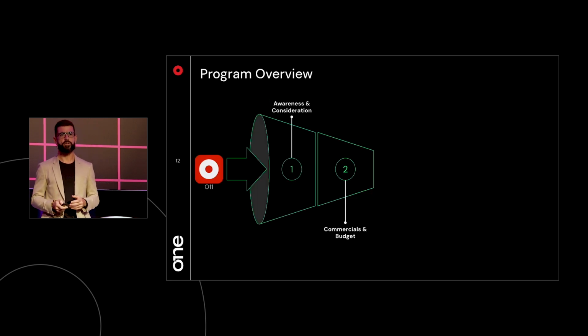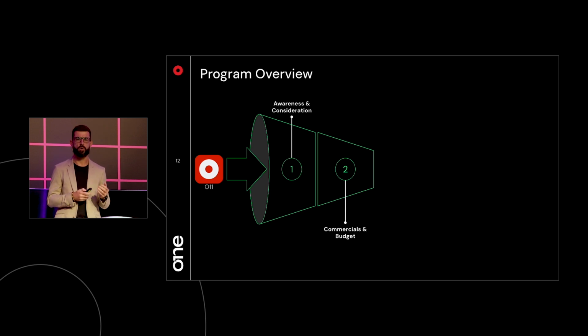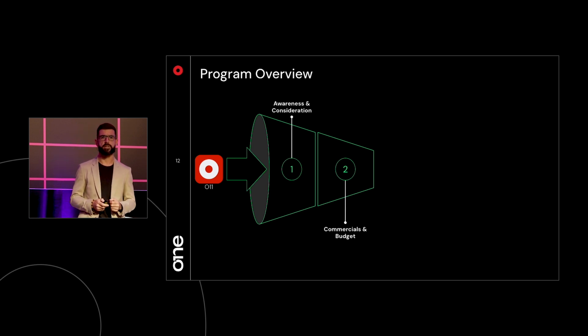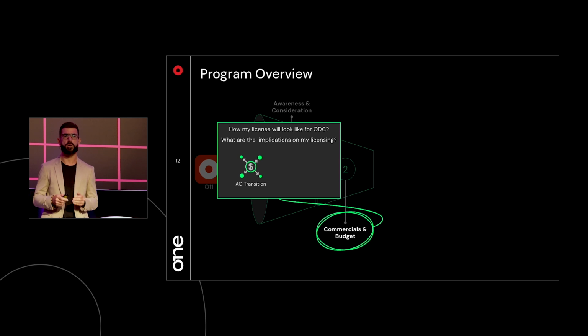The second stage, and it is a very critical one for you as a customer, is commercial and budgeting implications. And for that, we are also, according to our plan, to have special pricing constructs that can help you while you are transitioning.